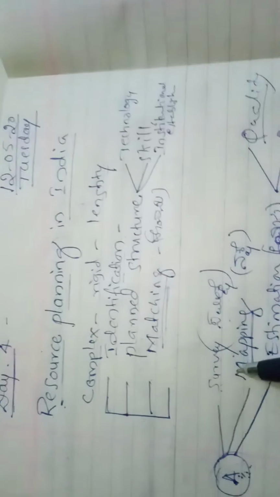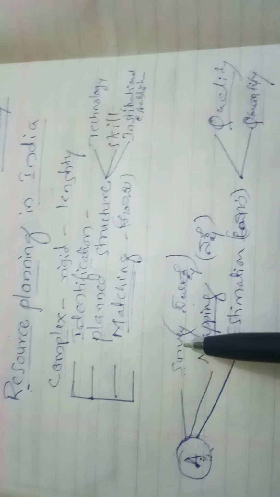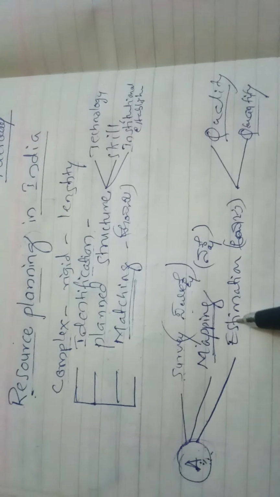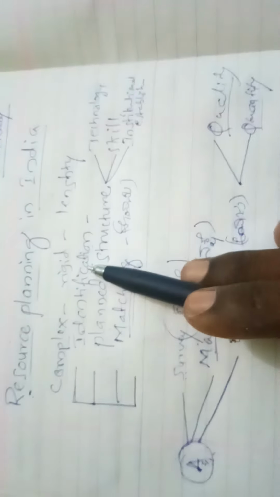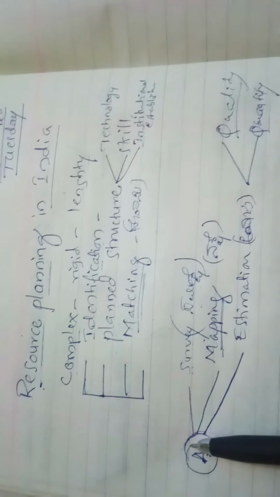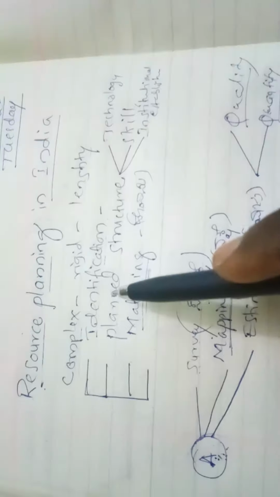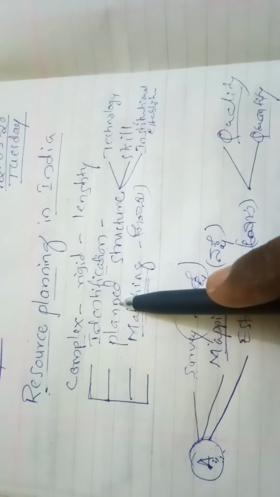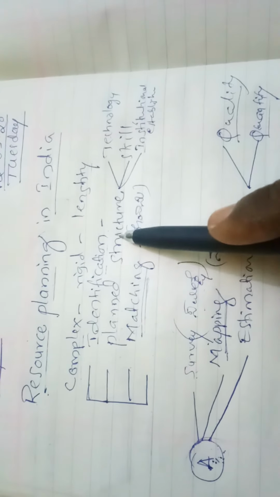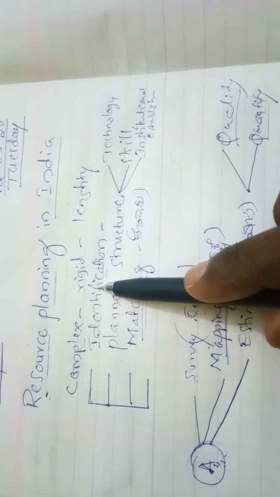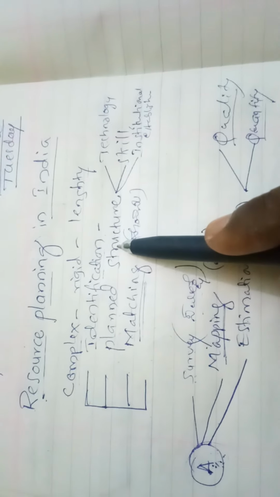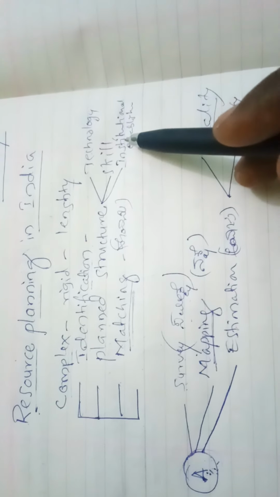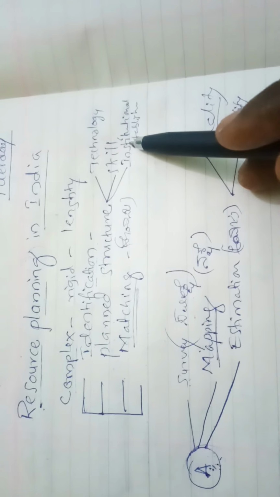Identification mainly involves three important steps: surveying the resources, mapping the resources, and estimation of the resources which are identified in one particular place, like place A or region A. Then the second stage includes evolving or adapting a planned structure for utilizing the identified resources by adapting technology, skill, and establishing various institutions.